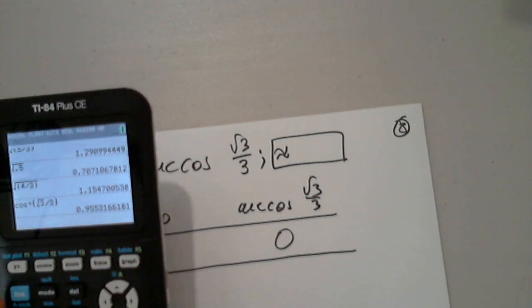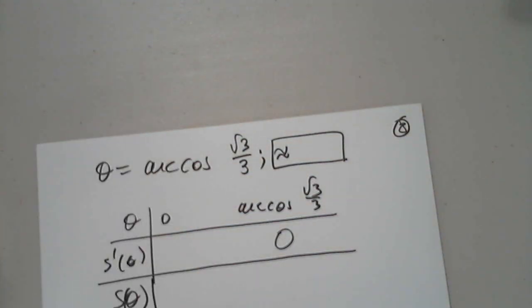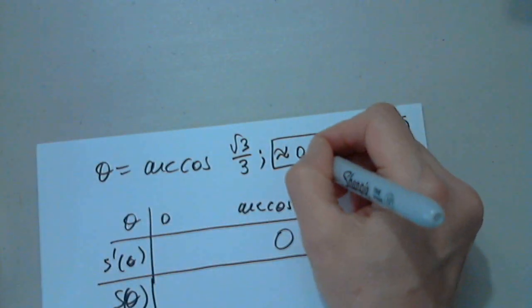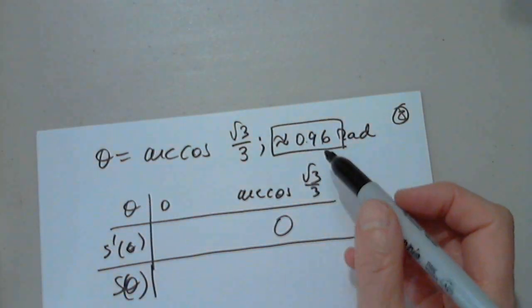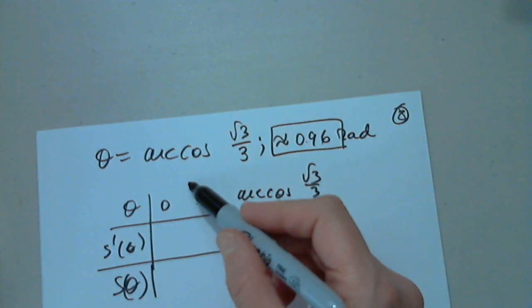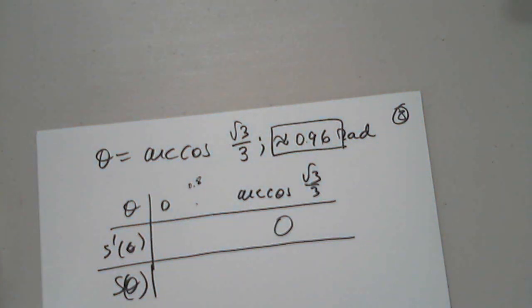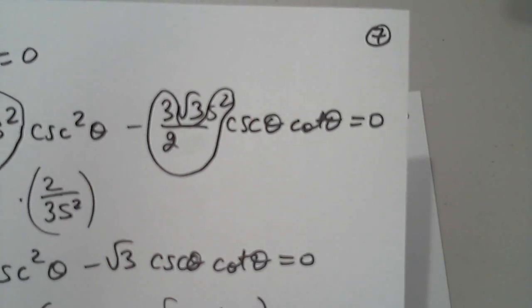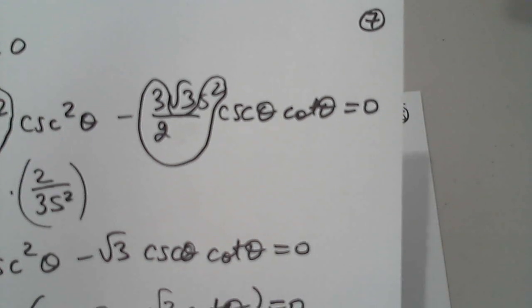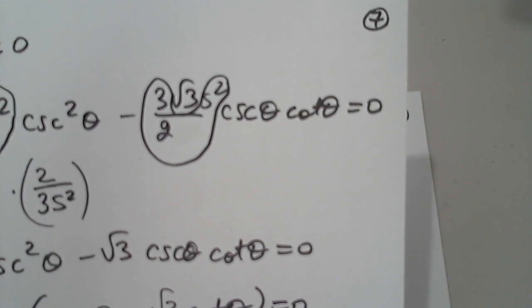So I got 0.96 radians. Okay, if this is 0.96, I'm going to plug in 0.8. But I have to put the function in. So in y equals, oops, I didn't mean to graph. Oh no, I didn't want that.